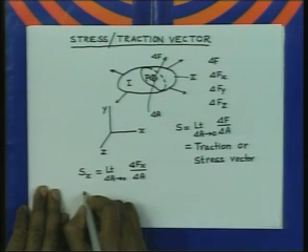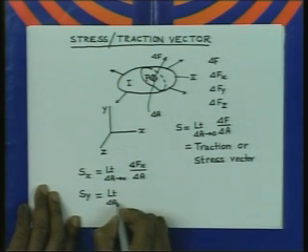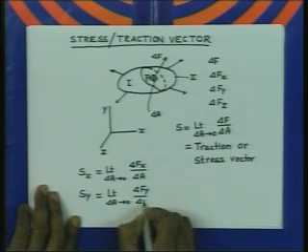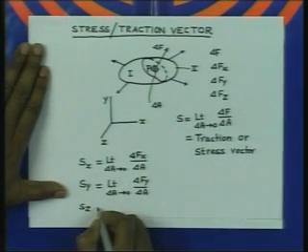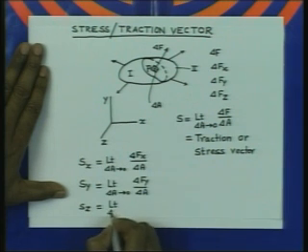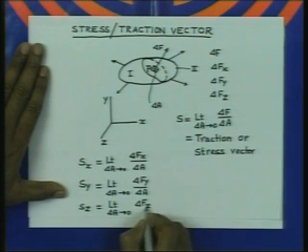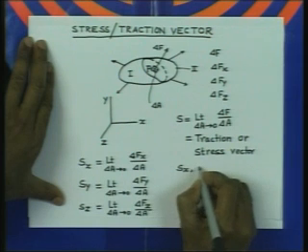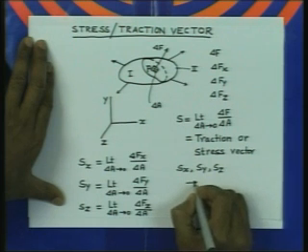Also, we can have Sy, the limit as delta A tends to 0 of delta Fy by delta A. Similarly, Sz is the limit as delta A tends to 0 of delta Fz by delta A. So, these components Sx, Sy, Sz are known as traction components.